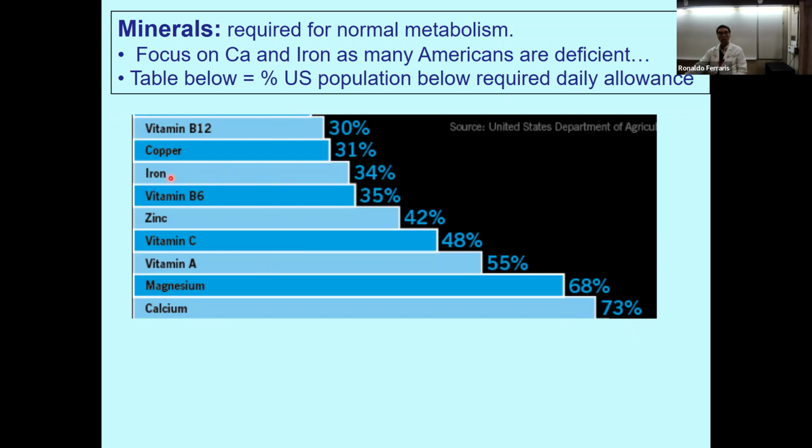But actually, there is a sex-linked deficiency here. Most of the people affected are primarily women, especially women of reproductive age and women who are pregnant. Okay, this is really obvious because of their monthly losses of iron. So we discuss calcium and iron.